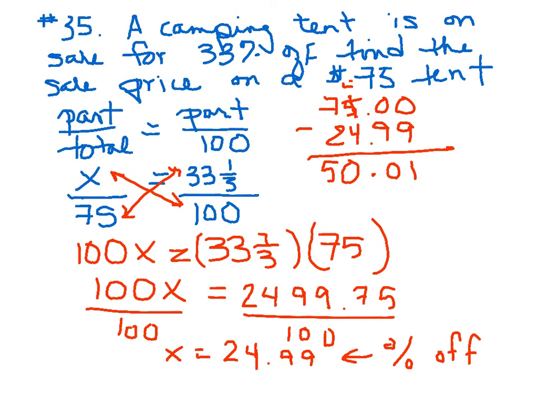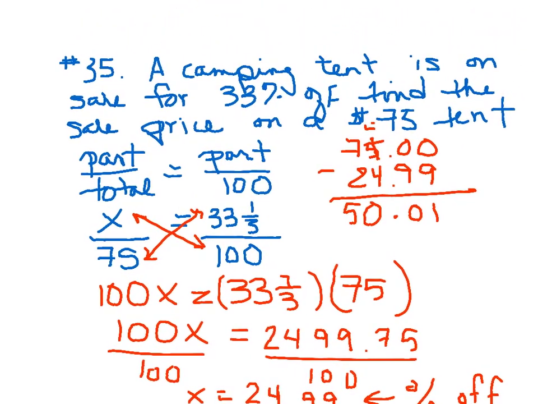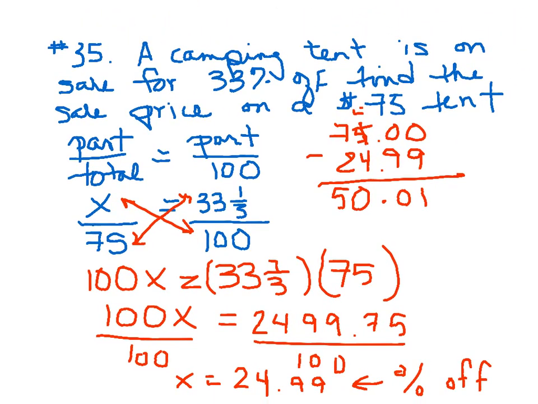So I think your extra credit question, your part 2 on this one, is going to be, when I set it up as part over total is equal to part out of 100, my quick check to see if my answer is right is to see if my numerator is smaller than my denominator here, to make sure my numerator is smaller than my denominator there. All right? And that takes care of this day's video.